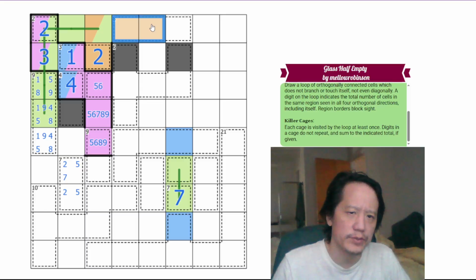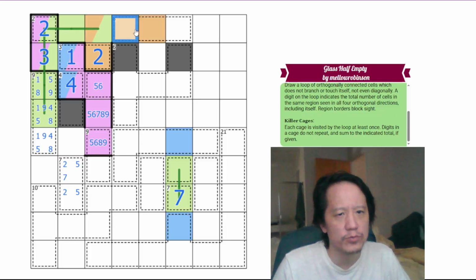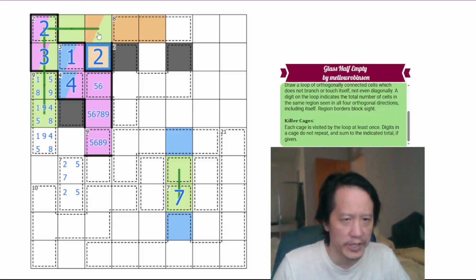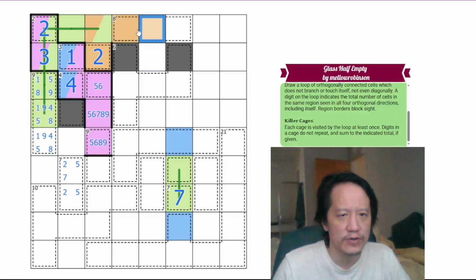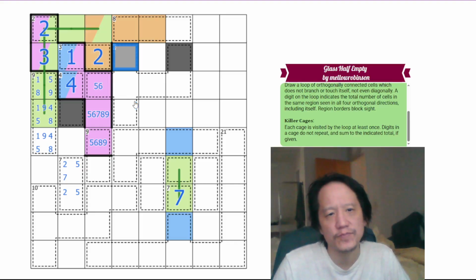If these are both in the region, on the loop. So this does see 2. It could be on the loop, technically. But it could go this way. So then this could see 3 cells on the loop. Actually, the loop doesn't necessarily have to go this way. The loop could go this way.